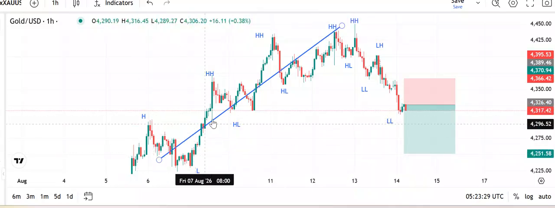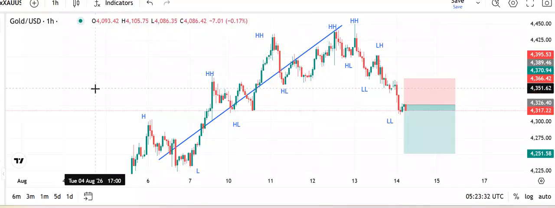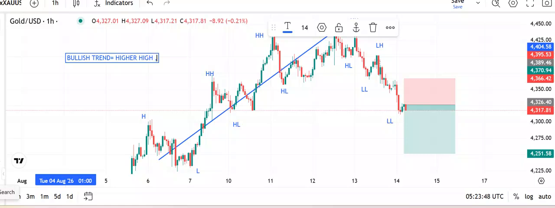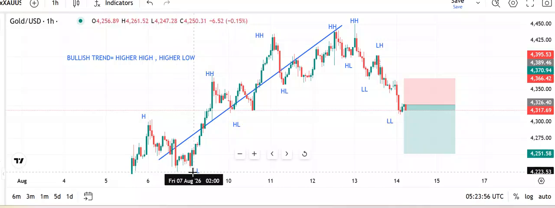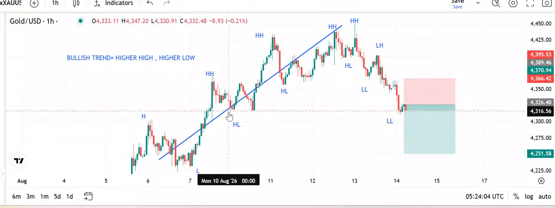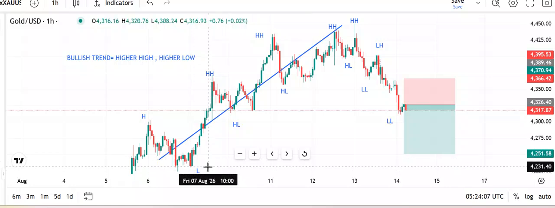Now the trend here is bullish trend. And bullish trend is characterized by higher high and higher low. So anytime you see the high, the low, then the higher high, this particular high is higher than this high, and this low here is higher than this low.